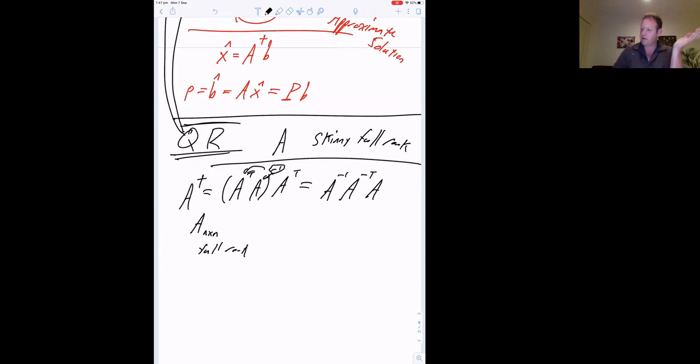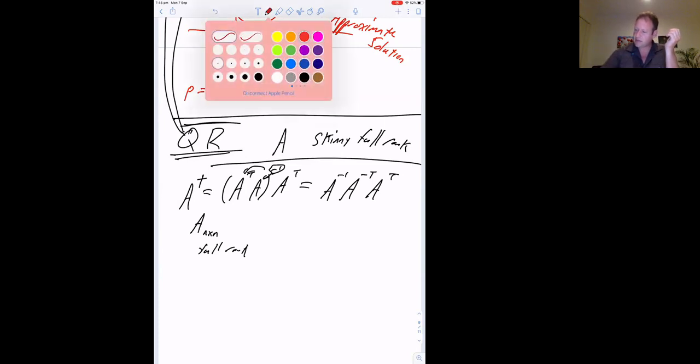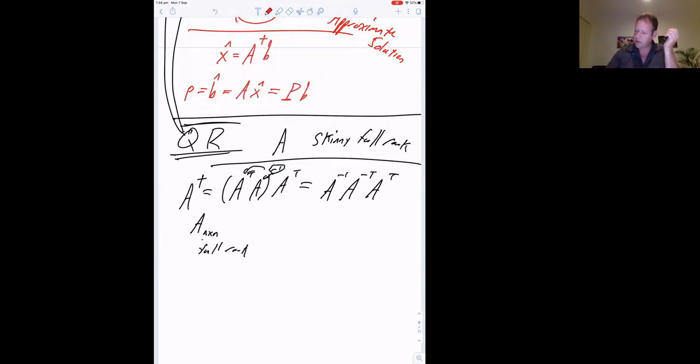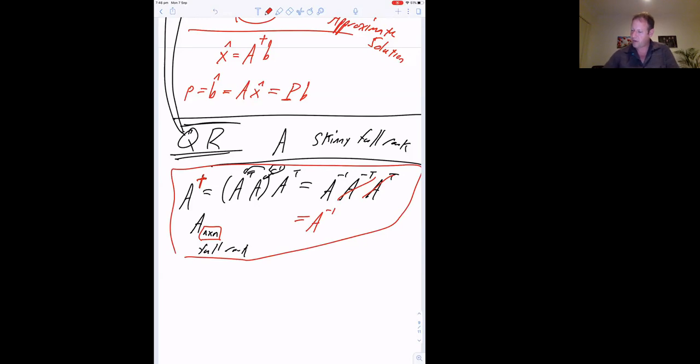You couldn't do that before because A has to be square, n by n. And then these two cancel. So the pseudo inverse is just A inverse. The Moore-Penrose pseudo inverse is just A inverse when A is square. So it's really a generalization of the inverse.